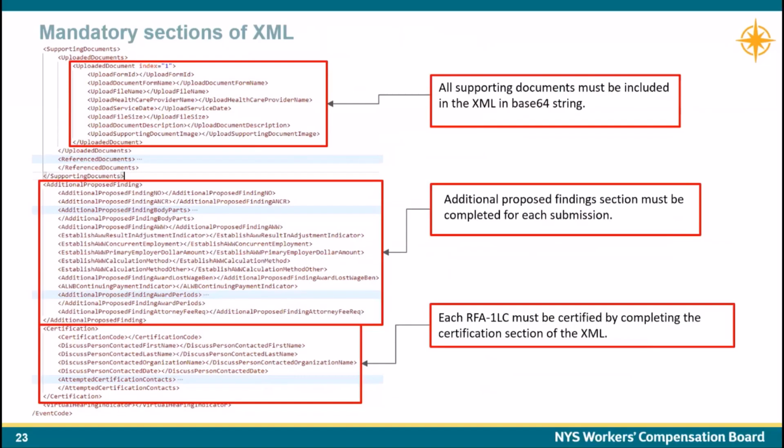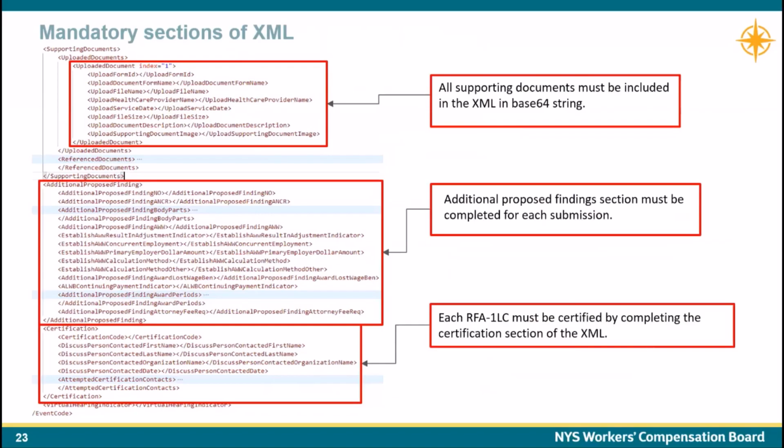The next mandatory node is the additional proposed findings. Additional proposed finding is a mandatory section for all submissions. Information regarding the mandatory versus optional data elements will be included in the EDI documentation. The next mandatory node is the certification.